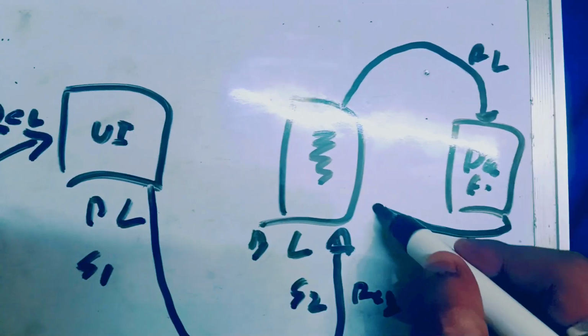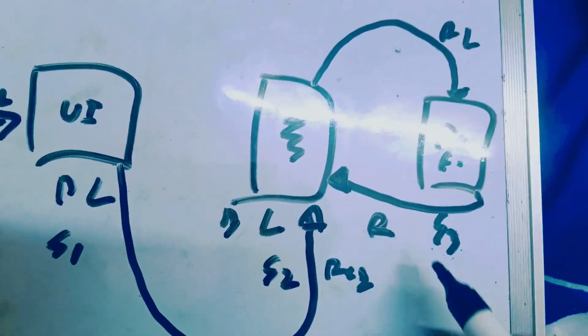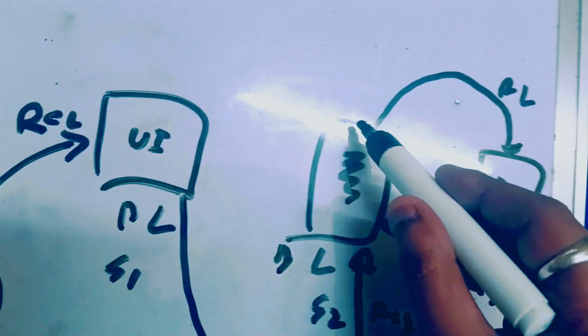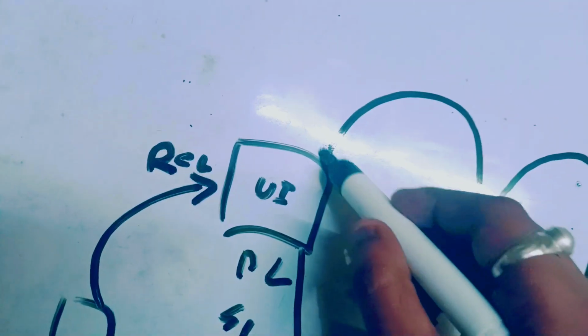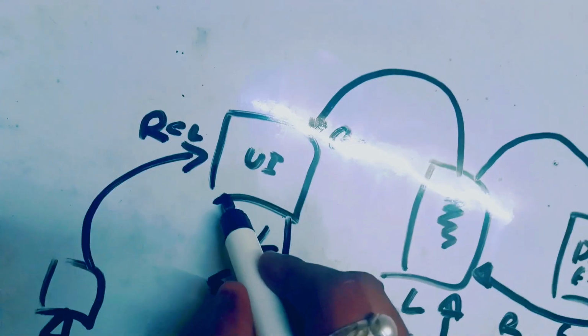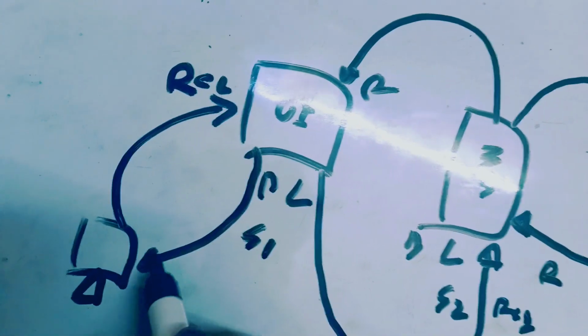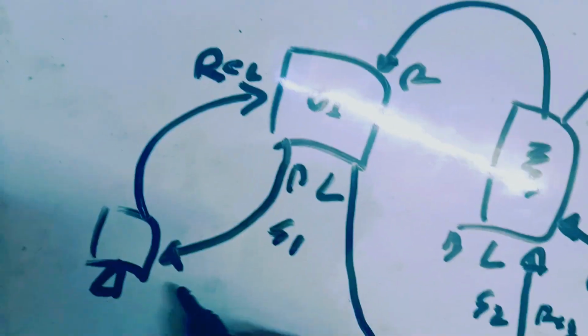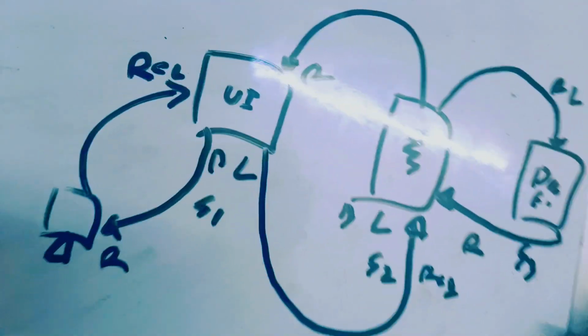The database gives a response to the business layer, the business layer gives a response to the UI, and the final response comes to the user side. This is the full process.